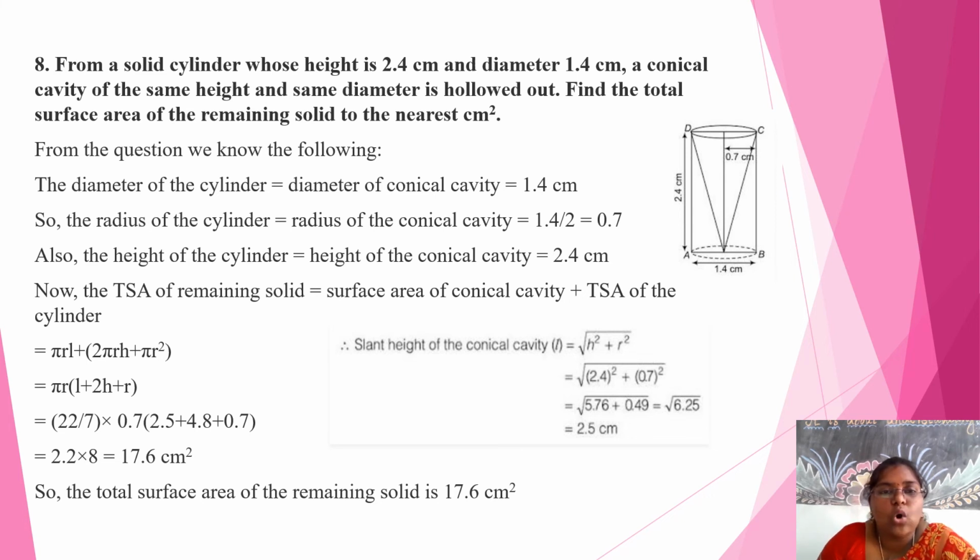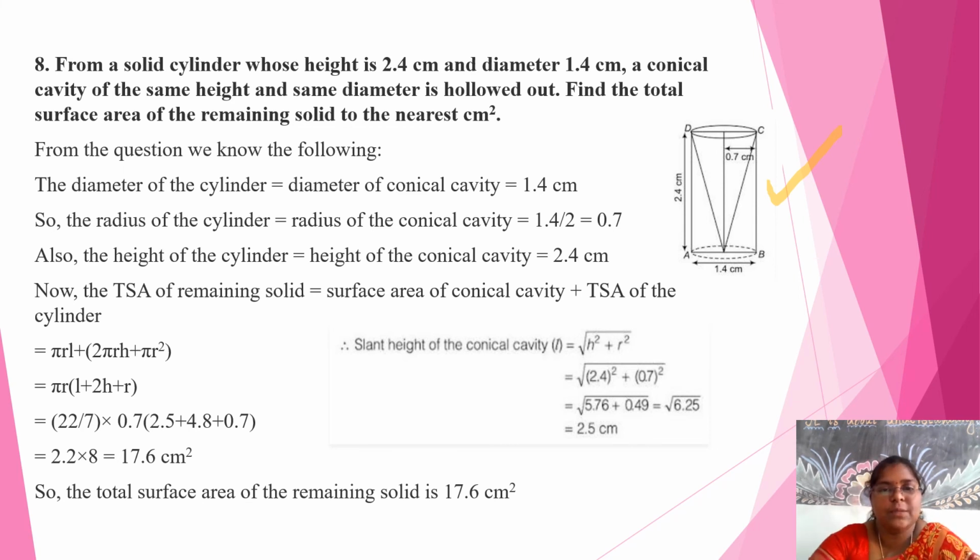See, there is a solid cylinder here. See the figure. The height of the cylinder they have given is 2.4 centimeter and the diameter is 1.4 centimeter. In the shape of a cone they are going to cut out from the cylinder. Now we have to find the remaining thing, right?